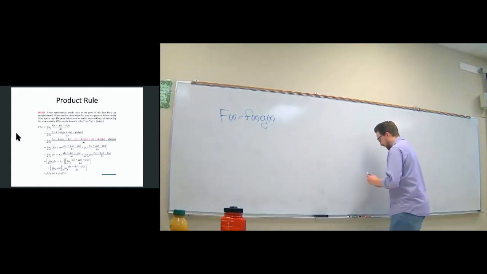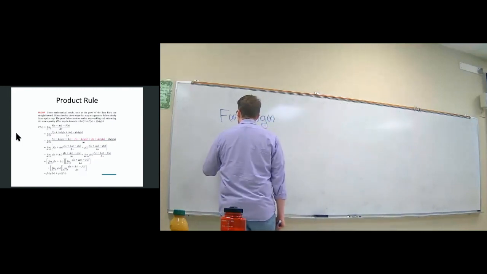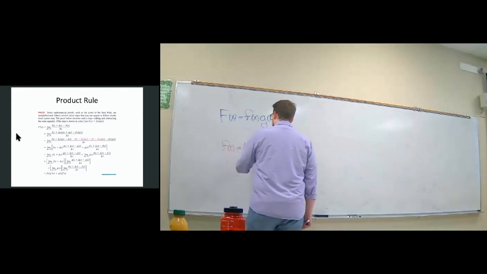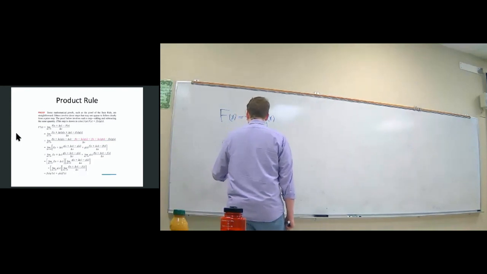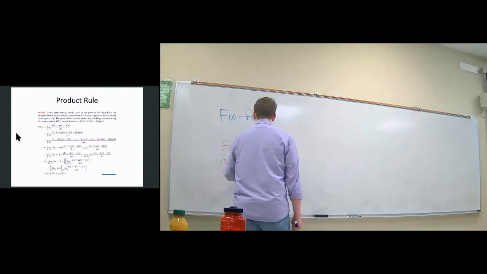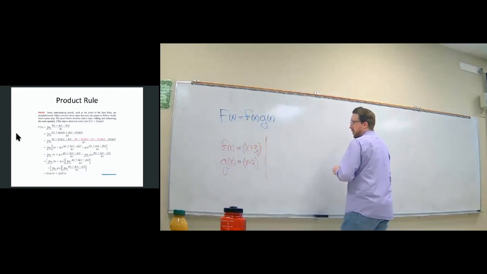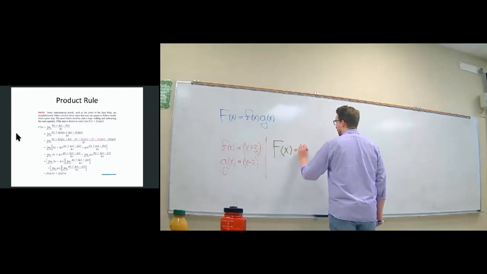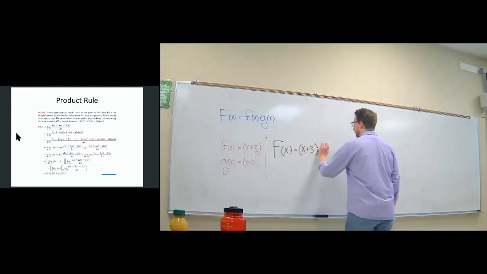An example of this would be, we have f of x equal to x plus 3, g of x is equal to x minus 2. Then capital F of x is equal to x plus 3 times the quantity x minus 2, right?